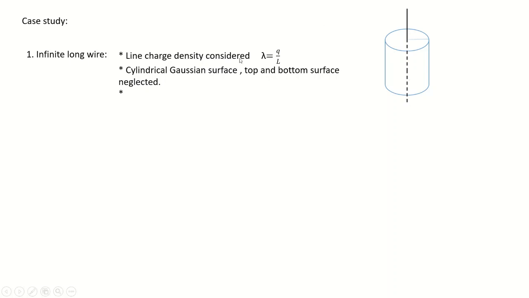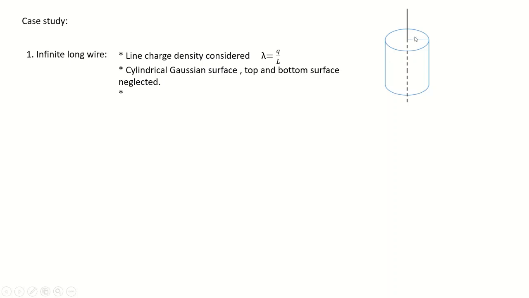Then the line charge density of that wire will be lambda equals Q divided by L, defined as charge per unit length. Now, as the straight wire is charged, all its electric field will be radially directed outward. Hence, the Gaussian surface forms the shape of a cylinder. It has been mentioned that the top and bottom surfaces are neglected.